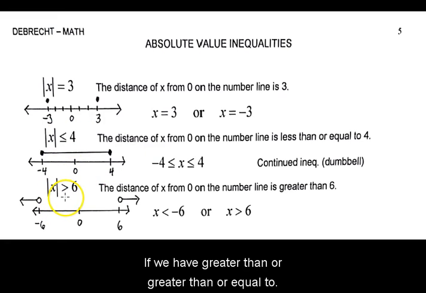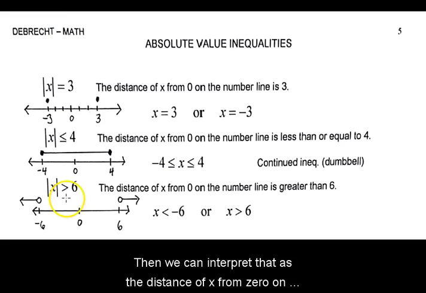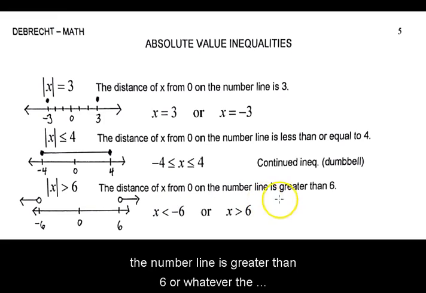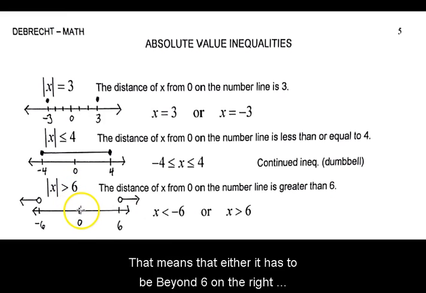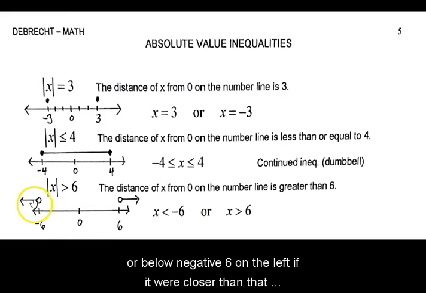If we have greater than or equal to, then we can interpret that as the distance of x from 0 on the number line is greater than 6, or whatever the number is over here on the right. That means that either it has to be beyond 6 on the right or below -6 on the left.